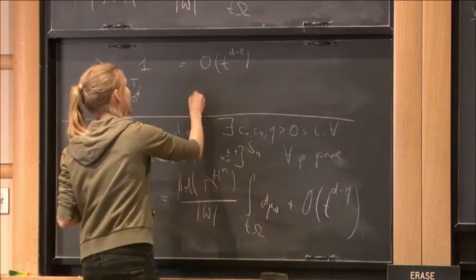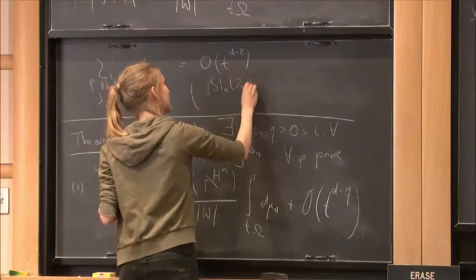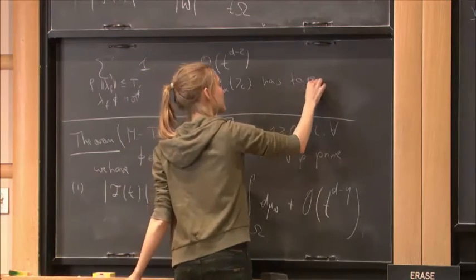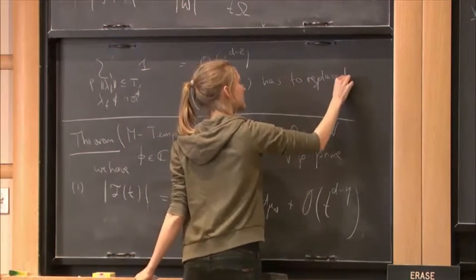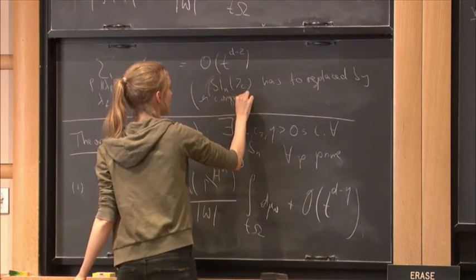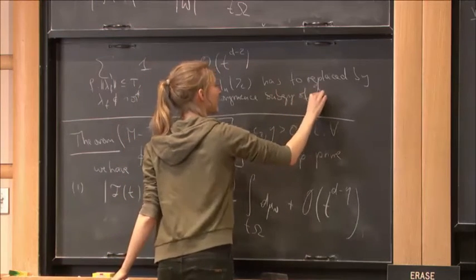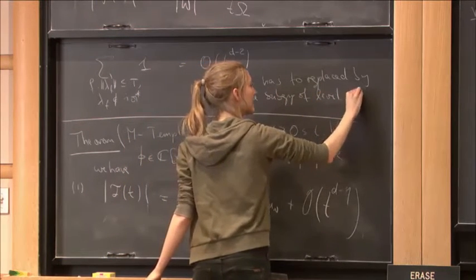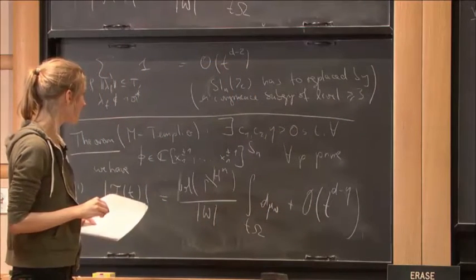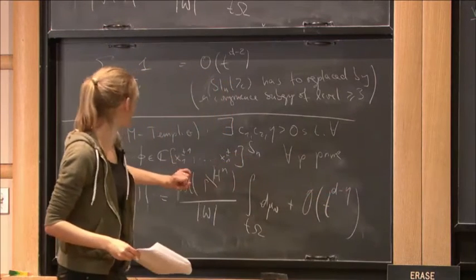So I should probably say that SL_n(Z) has to be replaced by a congruence subgroup of level at least 3. The eta is independent, so it depends only on n.